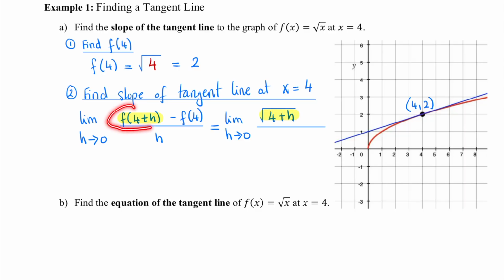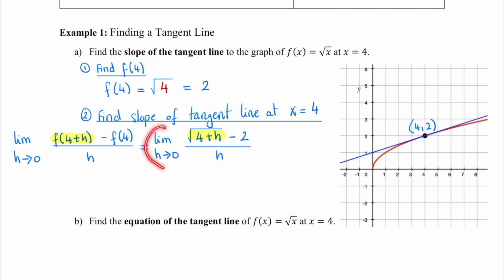So f of 4 plus h is square root of 4 plus h, minus f of 4, which was found in step 1 to be 2. So we are going to replace f of 4 with 2, all over h. So we have the limit as h approaches 0 of square root of 4 plus h minus 2, all over h.